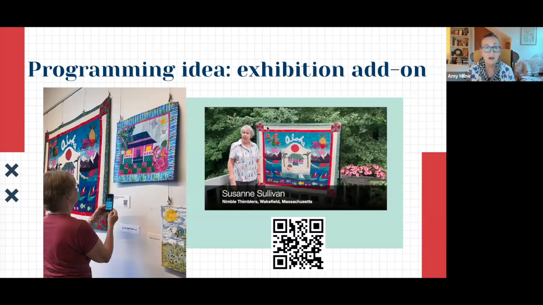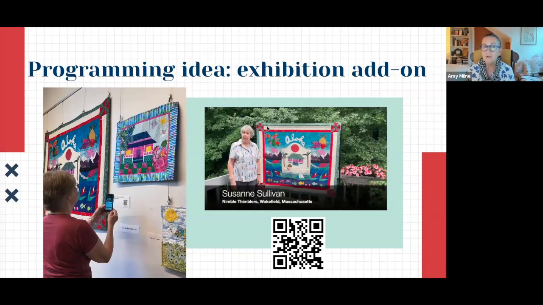So this is Suzanne Sullivan's quilt up here in the far left of the photo on the left. And in her video, she talks about the quilt as something she did about her retirement with her husband, and that's the QR code.